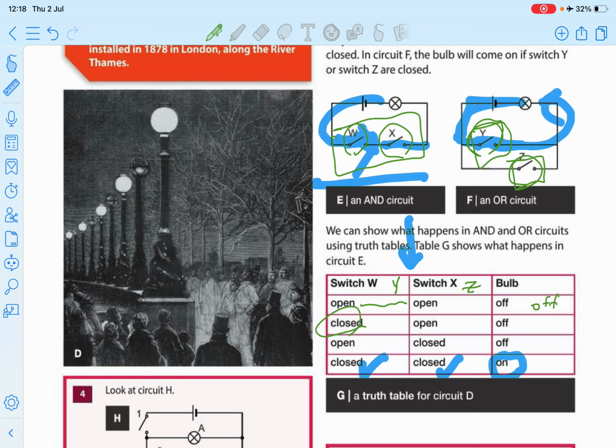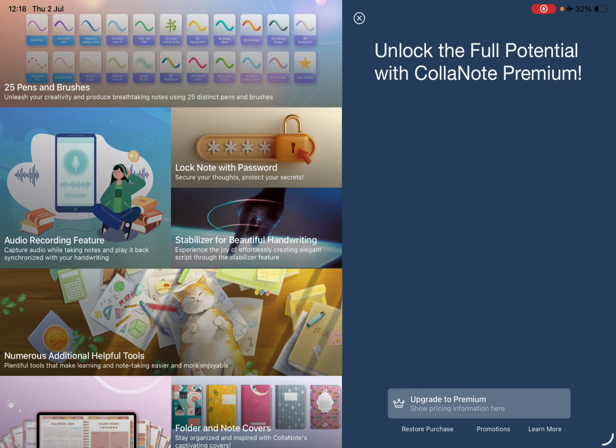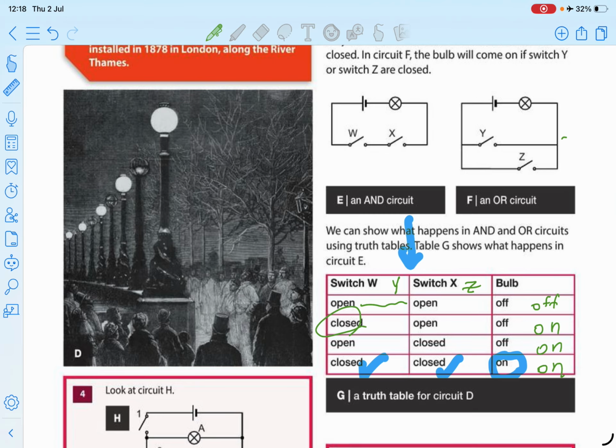If at least one is closed, the bulb turns on. What is the requirement in the OR gate? In the OR gate, there should be at least one closed switch. That is for the OR gate.